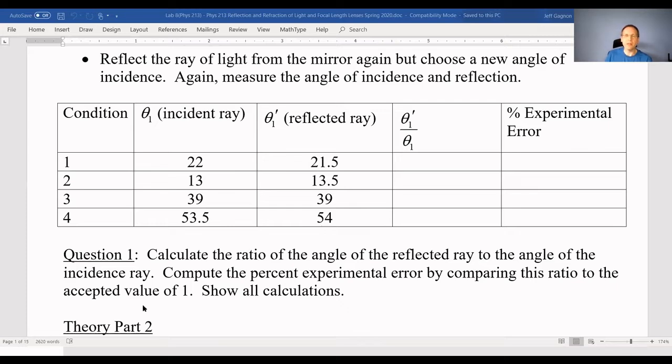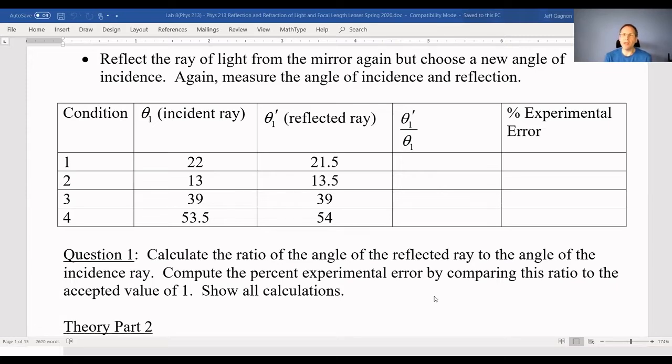What you guys have to do, and this is question 1, is calculate the ratio of the angle of reflection to the angle of incidence, theta 1 prime over theta 1. You're going to divide the angle of reflection by the angle of incidence. Then you want to compare it to the gold standard. What is the gold standard?